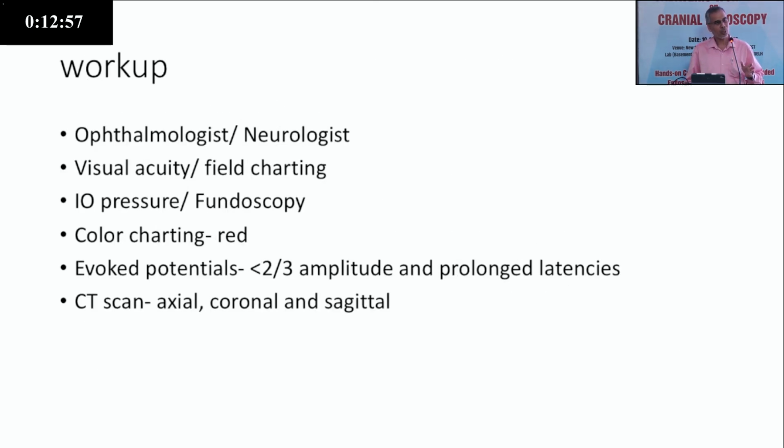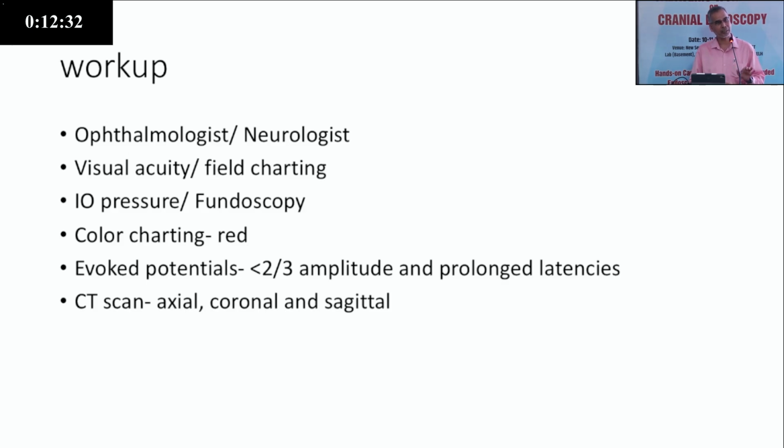Whenever you want to do optic nerve decompression, you have to have the proper workup. You involve the ophthalmologist as well as the neurologist, get visual acuity and field charting. Intraocular pressure has to be checked, and do fundoscopy to see the status of the fundus. Color charting, red color goes first.